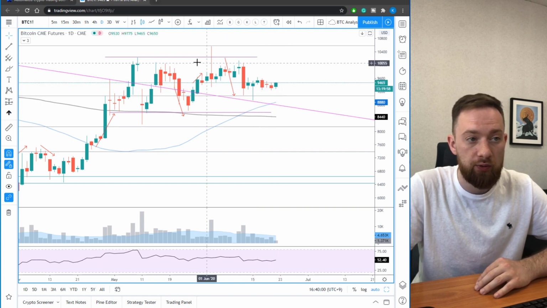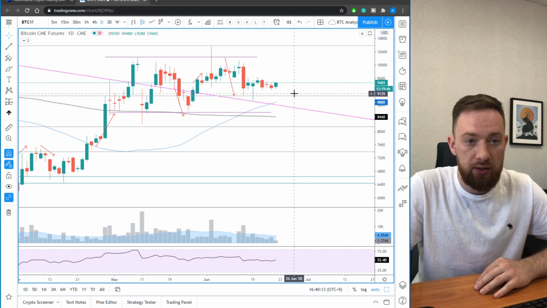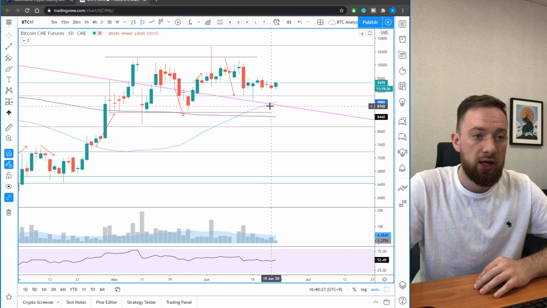So even though the range of the overall horizontal channel is quite wide, we've been narrowing it down during the past week. Currently, we can still see that the price is right in the middle of that channel. We can still see that the 50 MA and 200 MA are acting as support and are located below the current price.